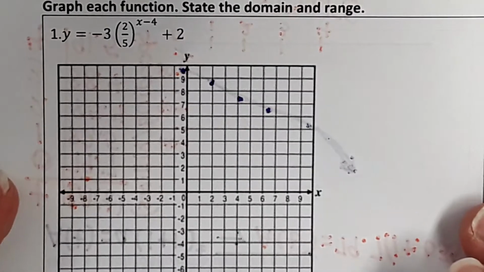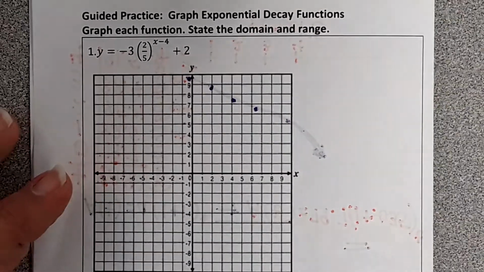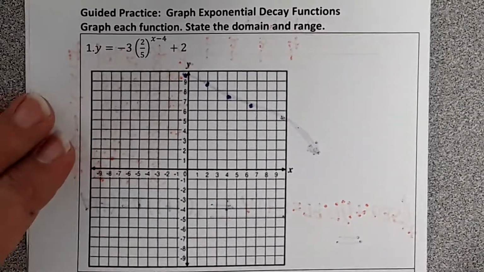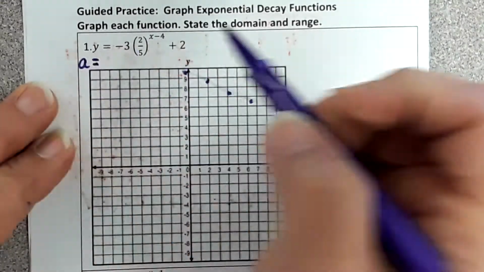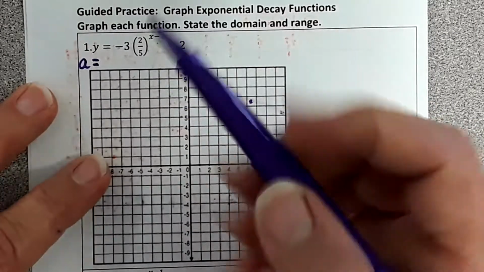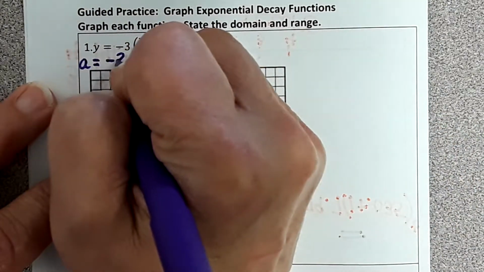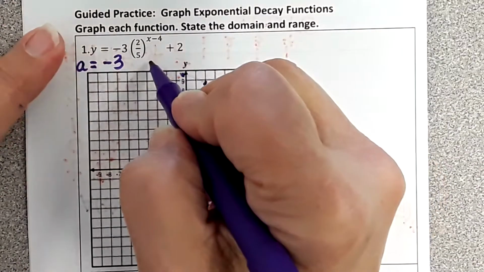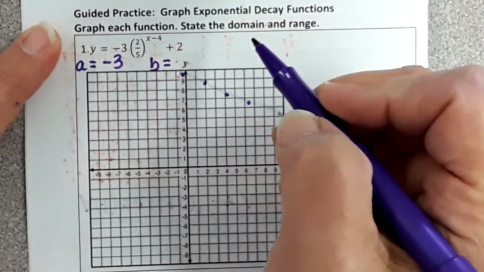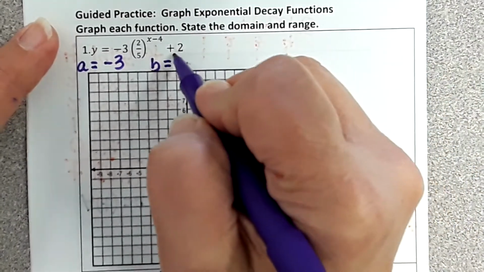Just like we started out yesterday, we really started looking at what our A was. So what is our A in this problem? A is -3. So that means that our graph is going to start below the x-axis. What is our B? 2/5.